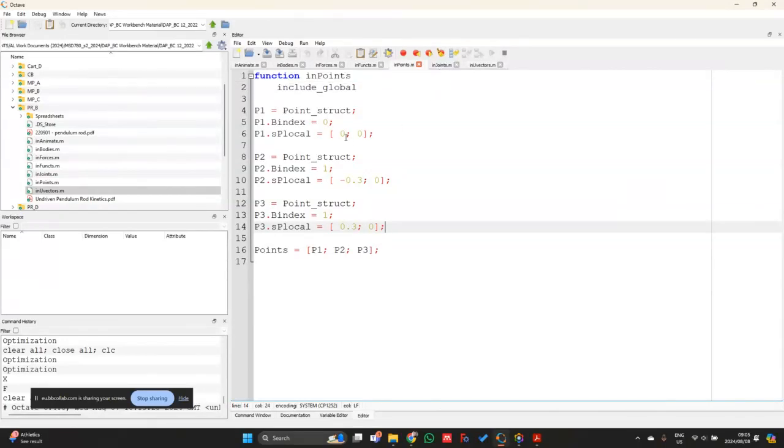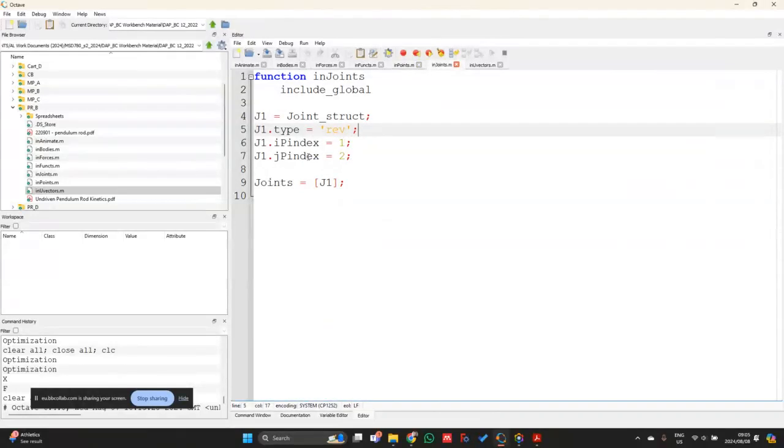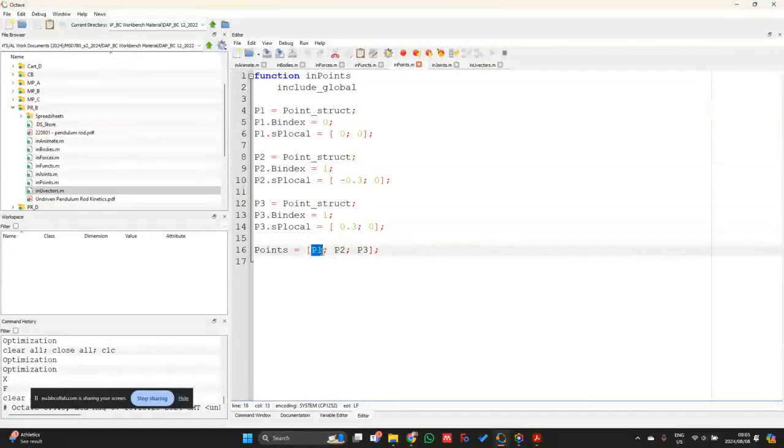Since the joint exists between the 2 points on the pendulum rod and the grounded revolute joint, the 2 point indices are 1 and 2. These are the indices in the list that I have to extract, so P1 is index 1 and P2 is index 2.